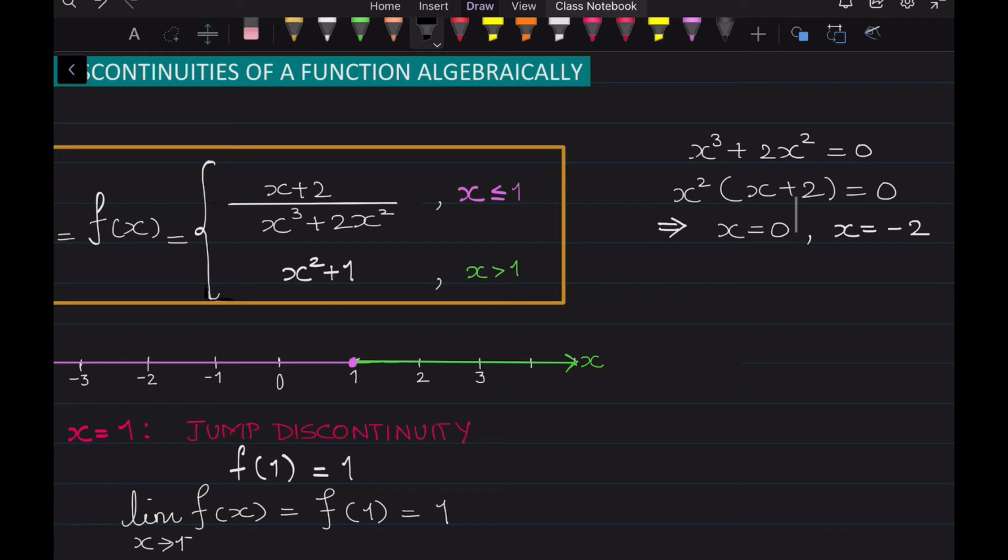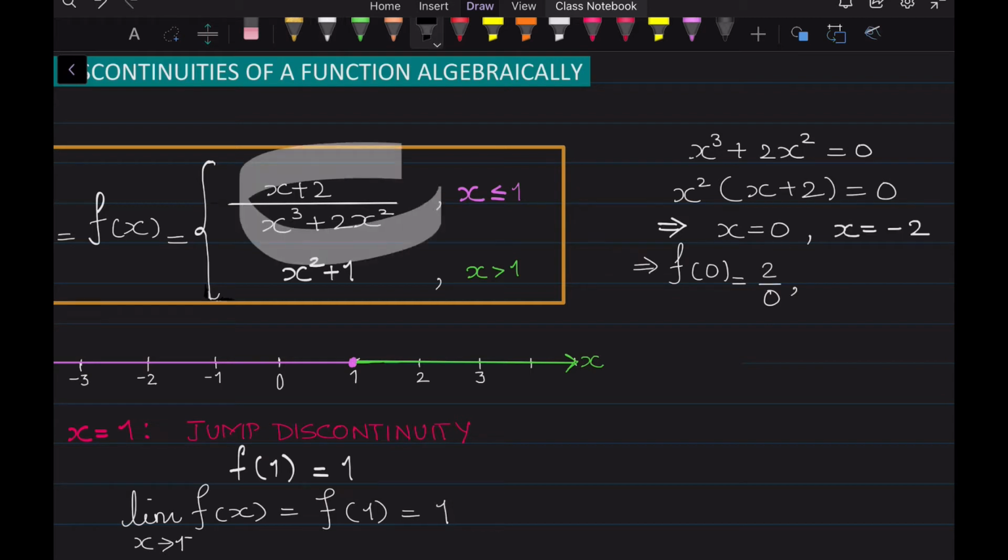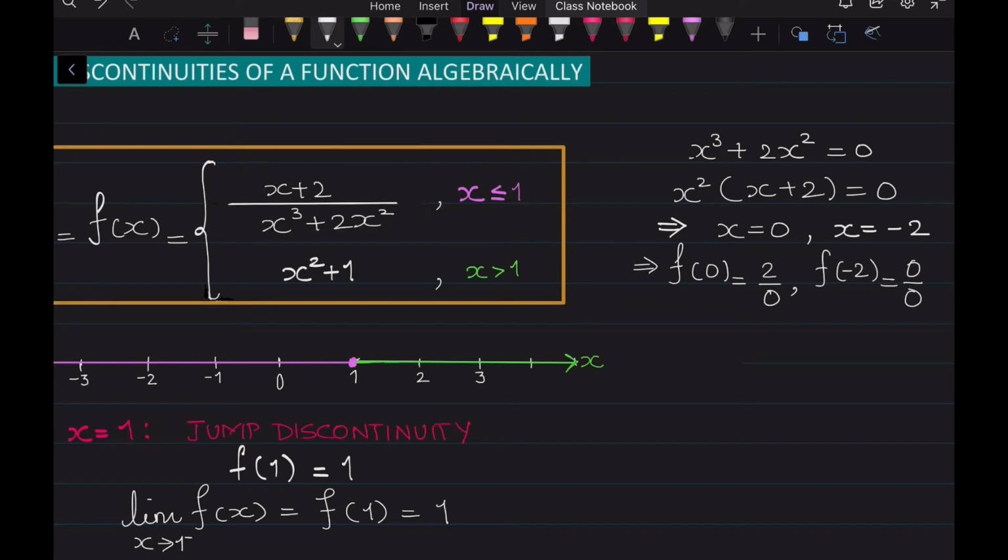So when we substitute x is equal to 0 in this expression, it's easy to see that f of 0 comes out to be 2 over 0, and when we substitute x is equal to negative 2 in this expression, then f of negative 2 comes out to be 0 over 0. And both of these are not defined, which means this function cannot be continuous at these 2 points.